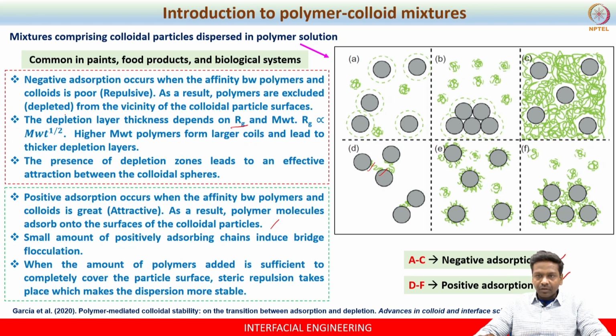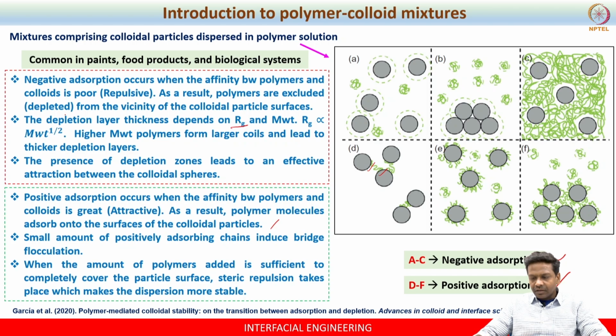The adjacent particle is the same case, right? When these two particles approach each other, there will be steric hindrance, because the polymer molecules will act as a physical barrier. They will not allow the particle to penetrate any further, beyond some center to center distance. So in such a case, you would expect steric stabilization.